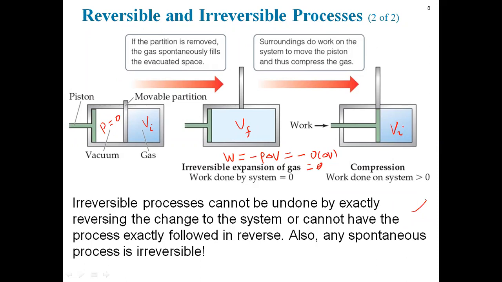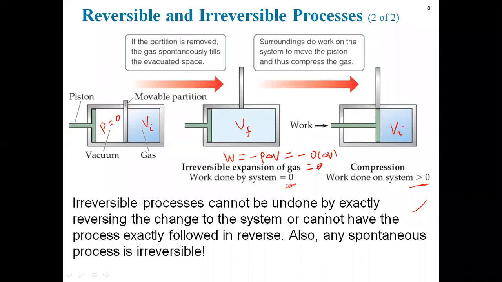So in this example, we compare work done by the system being zero and the reverse compression work done on the system being not zero. It just gives us some example of when this process happens between the expansion and compression. So they are different in that way.